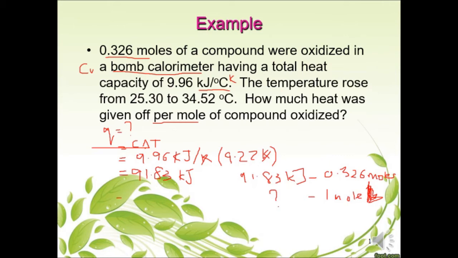So 91.83 divided by 0.326, we will get 281.69 kilojoule per mole.